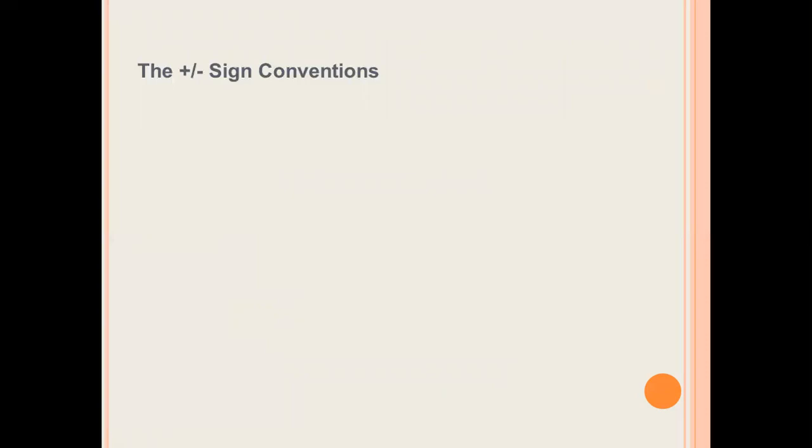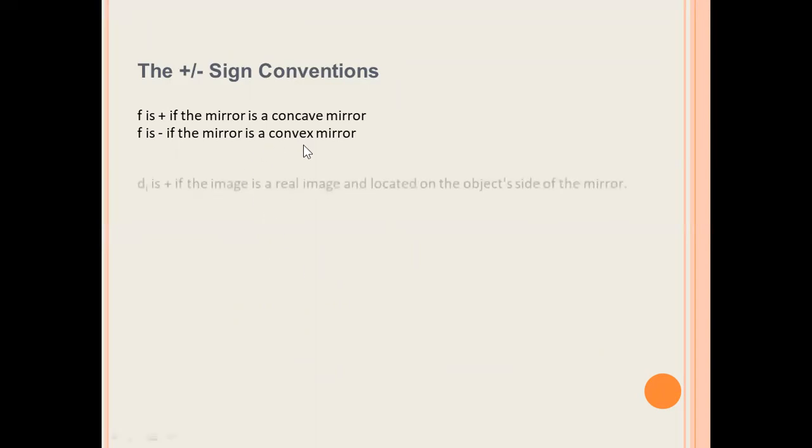Now, we're going to proceed with the sign conventions for mirrors. If the focal length f is positive, the mirror is concave. If the focal length is negative, the mirror is convex.